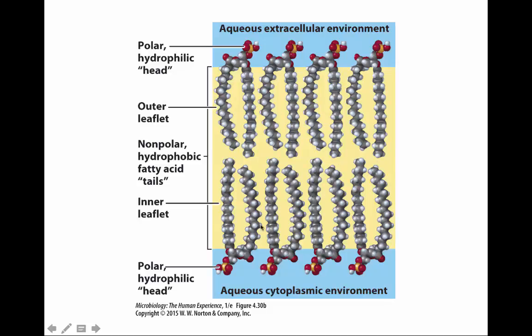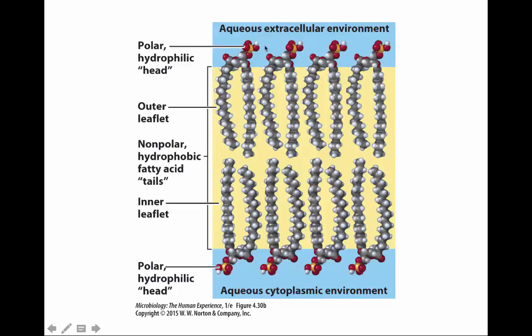We have two layers of phospholipids with their hydrophobic tails on the inside. We call the outer phospholipids the outer leaflet, and the inside phospholipids are the inner leaflet. So this whole region here is nonpolar, and that's oftentimes why we have to have protein channels to help move things through the membrane, and why those nonpolar proteins end up in the middle here.